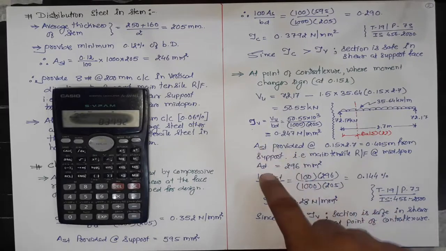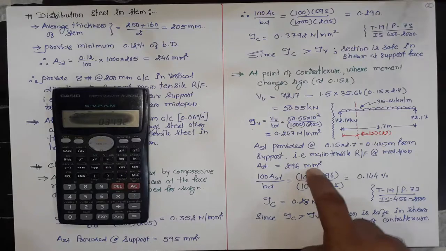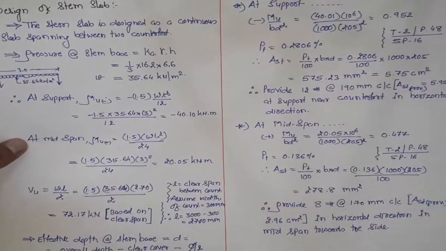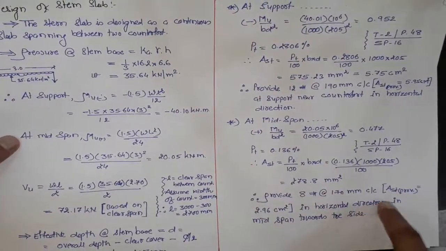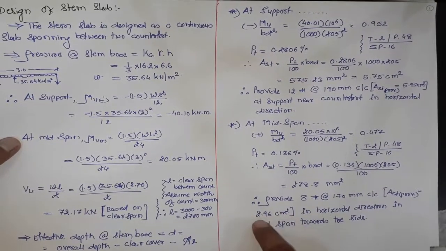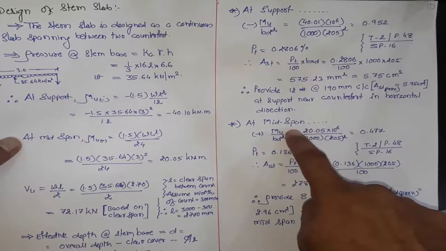AST provided at midspan is 296 mm square. This we have provided earlier. Here is the data. Here we have provided a steel of 2.96 centimeter square or 296 mm square for midspan.